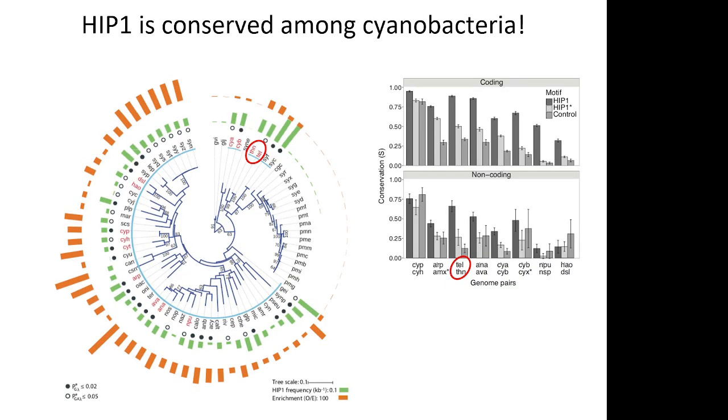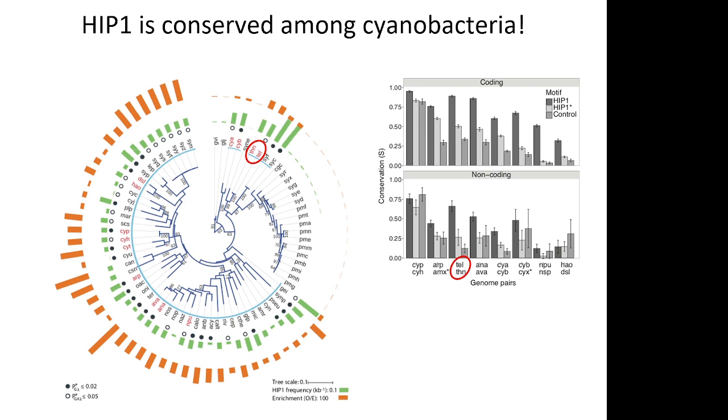Also, very interesting, and I think this is very important: HIP1 sites are conserved among cyanobacteria. If you align two genomes, for instance the genomes from these two species, and you look for the homologous sites along the genomes, you will see that in different pairs of species, the percentage of HIP sites that are conserved along the genomes is higher than for control sequences.